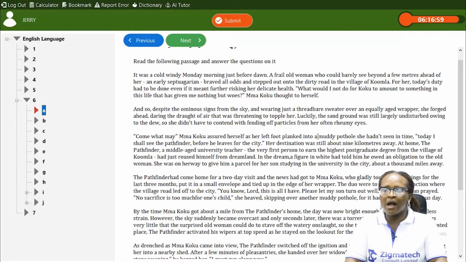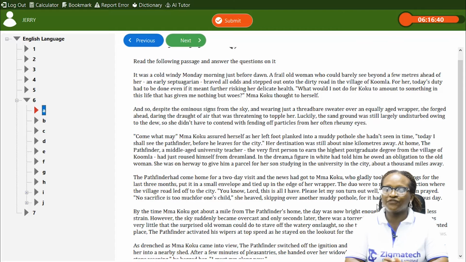Come what may, Mma Koko assured herself as her left foot plunged into a muddy pothole she hadn't seen in time. Today, I shall see the Pathfinder before he leaves for the city. Her destination was still about 9 kilometers away.